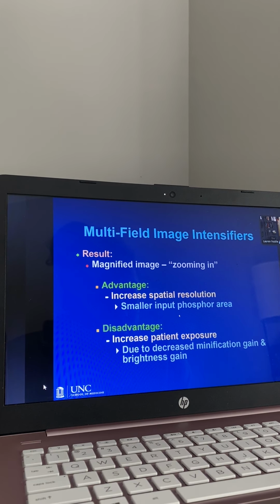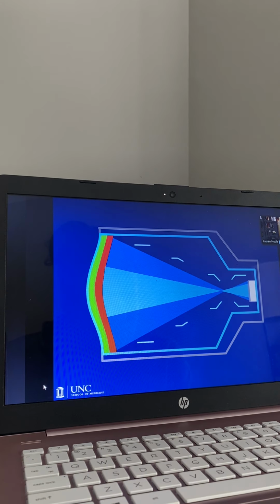Now the downside though is that patient exposure is increased. It has to do with decreased magnification gain and brightness gain. What that means is, if this is the only area that is activated on the input phosphor, we are losing all of the x-rays on the periphery. We're losing that exposure. And if we're losing all of that exposure, the image is going to be dull.